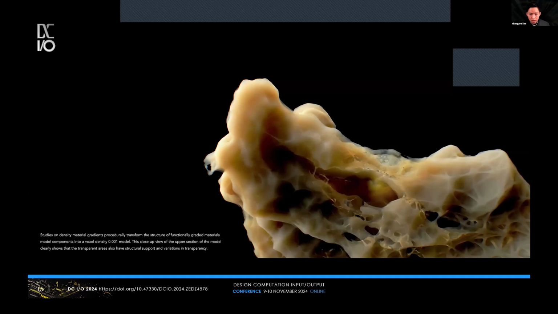Then this one uses flow procedural modeling to create this kind of functional graded material. On the upper side of this model, it shows that there are some transparent areas supported by different variations of this functional graded material.